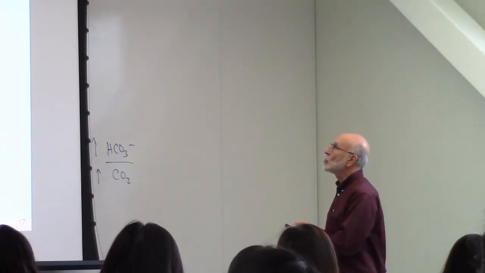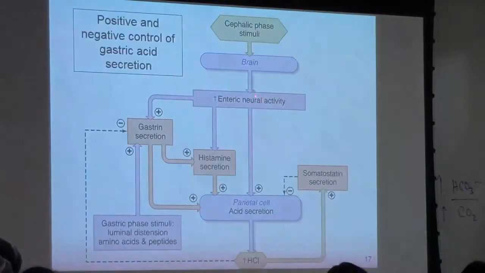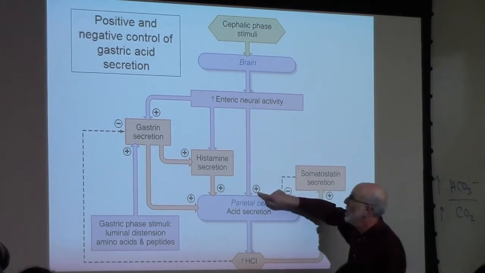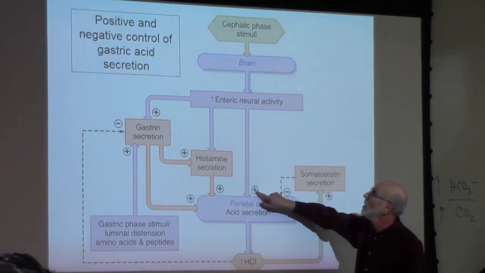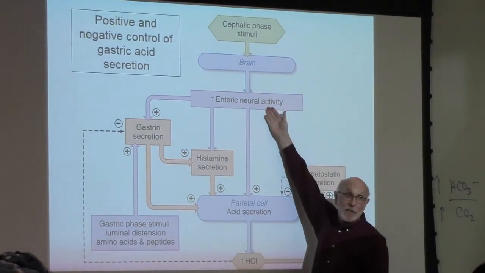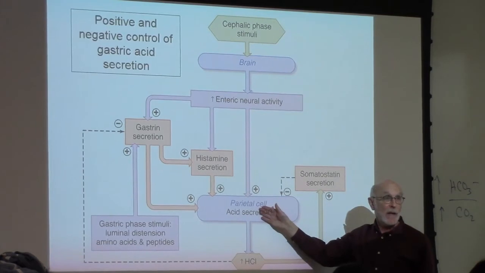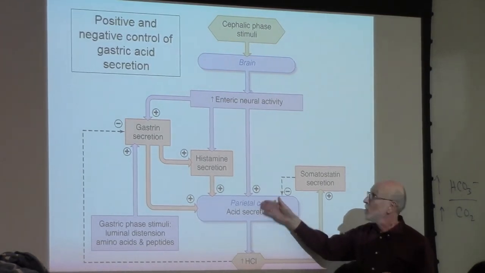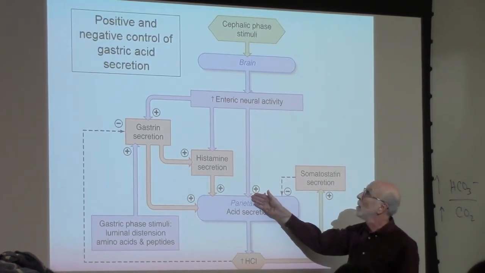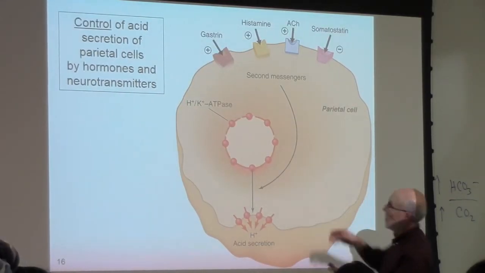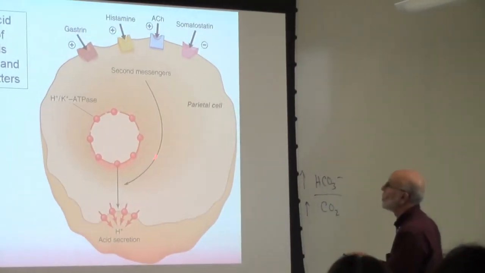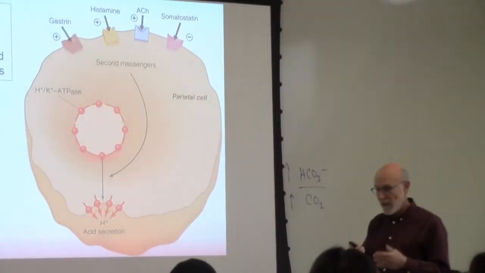The brain is triggering neural activity that releases acetylcholine. So this arrow right here is acetylcholine from the nervous system stimulating the parietal cell. This arrow represents the arrow from an acetylcholine receptor to this exocytotic event.